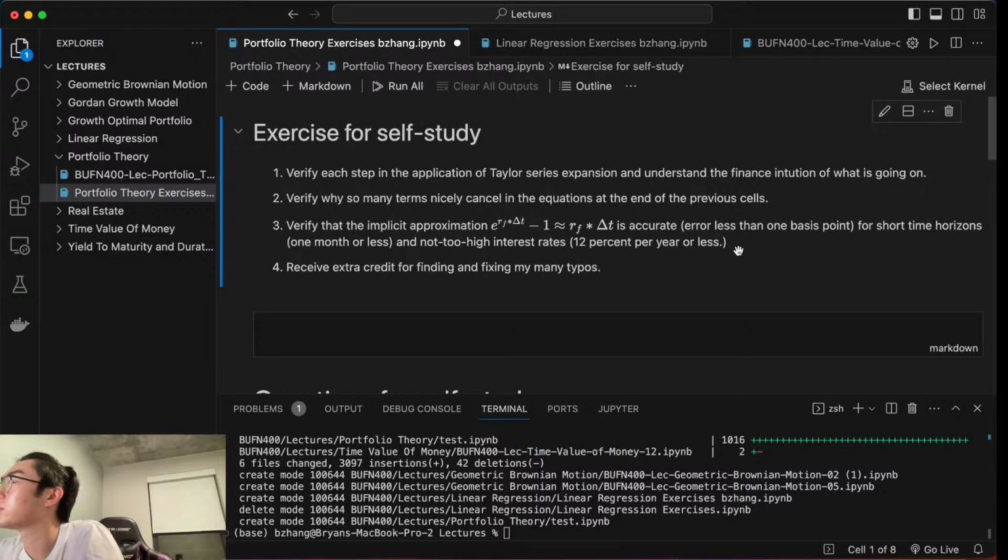The actual return R is equal to R_F plus pi minus sigma squared delta t, plus sigma times delta B, for this exponential.